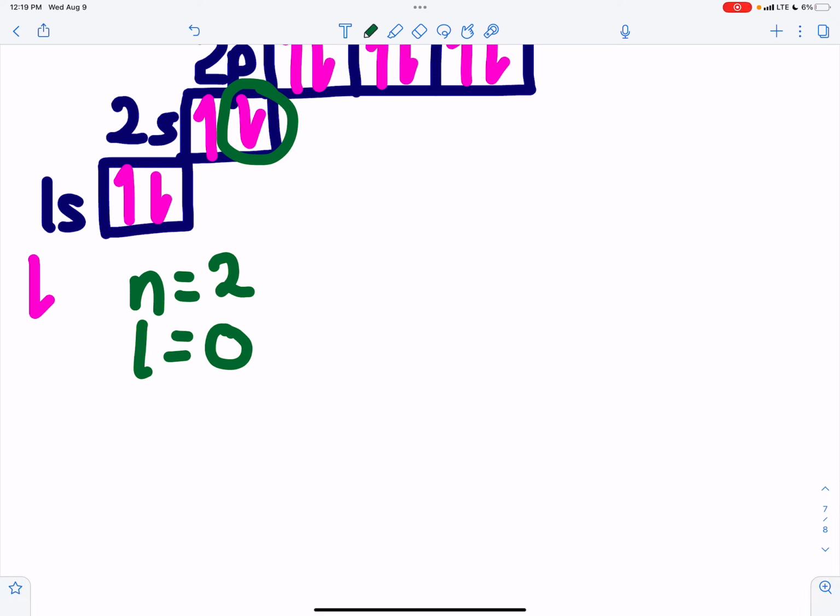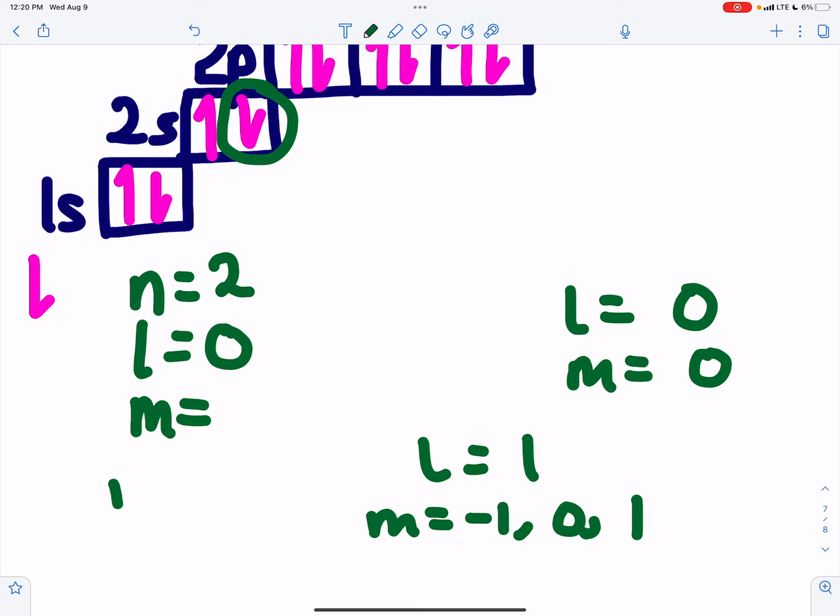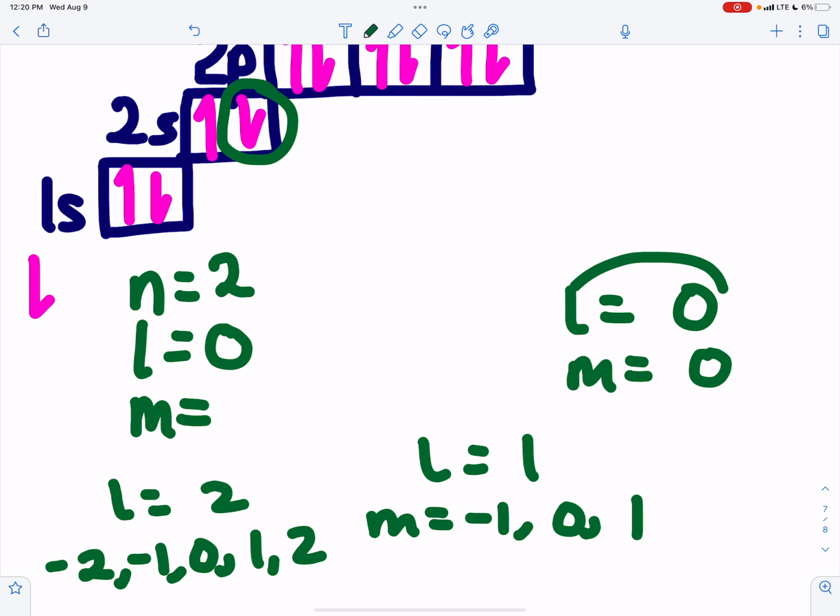Now, next one is the magnetic quantum number. We said before the magnetic quantum number is decided from the values of the subsidiary quantum number. When L is 0, M is also 0. Although when L is 1, M can be minus 1, 0, or 1. When L is 2, M can be minus 2, minus 1, 0, 1, or 2. But in this case, our L is 0, so our M will also be 0.